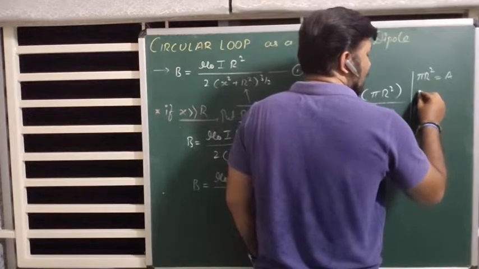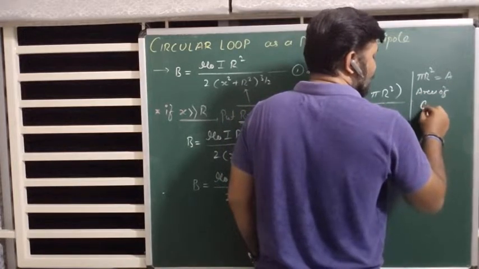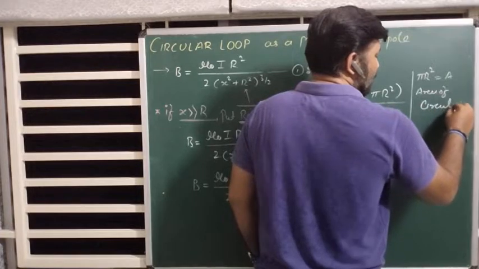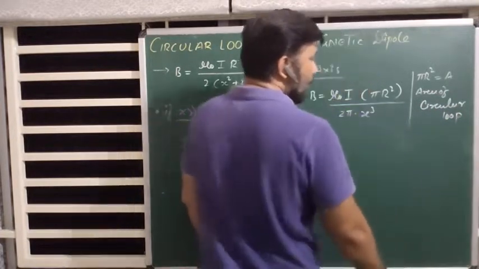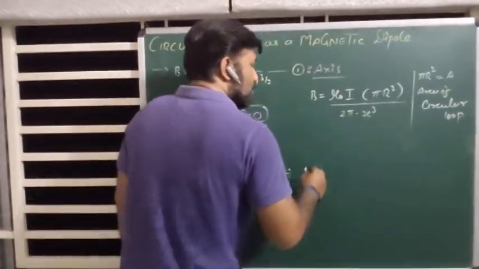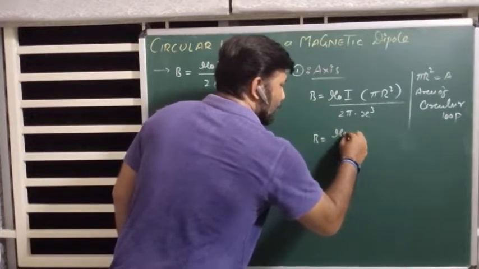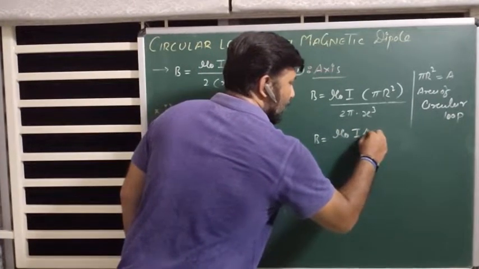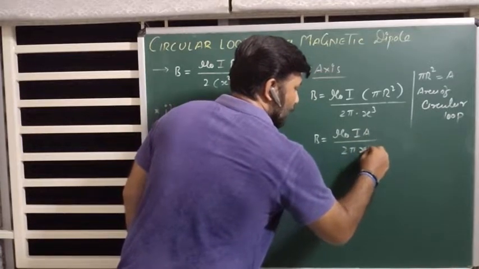It is the area of the circular loop. Then instead of this put A, so we have the equation B is equal to mu 0 I A upon 2 pi x cube.